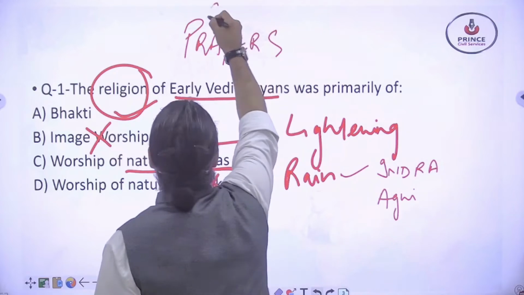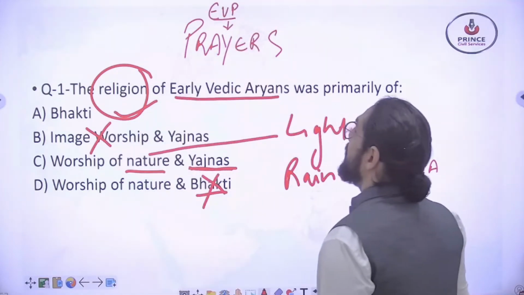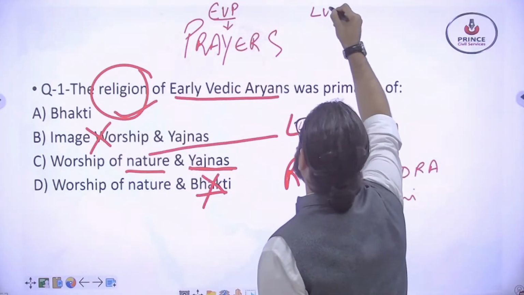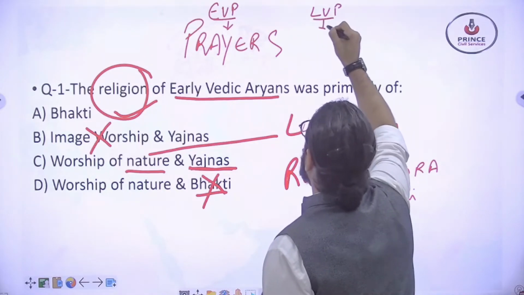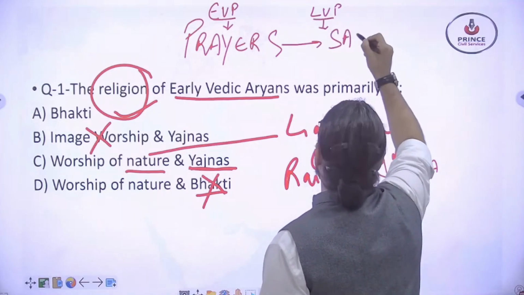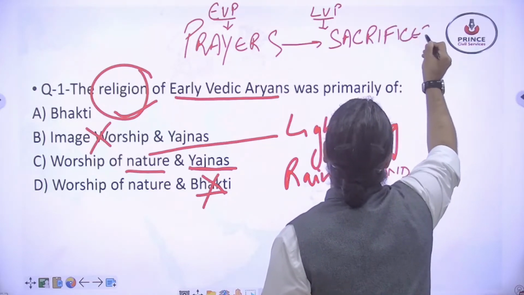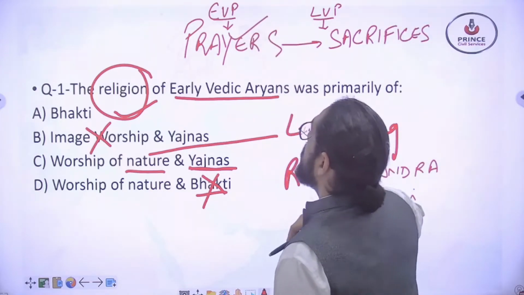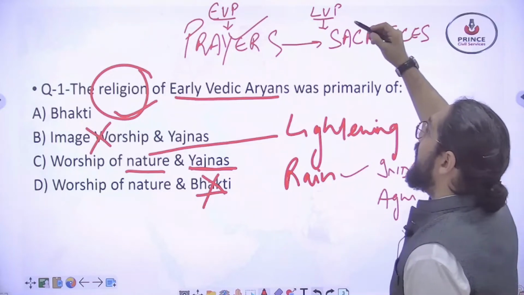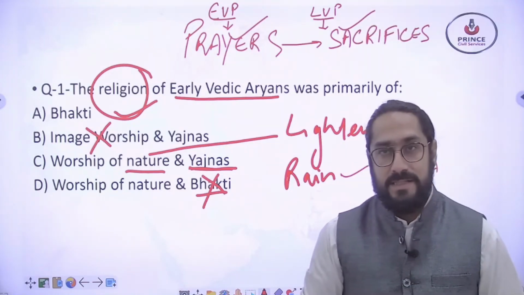In the early Vedic period, it was mainly prayers, but in the later Vedic period, the primary mode became sacrifices. Please remember this: mainly prayers in the EVP, and sacrifices in the later Vedic period.